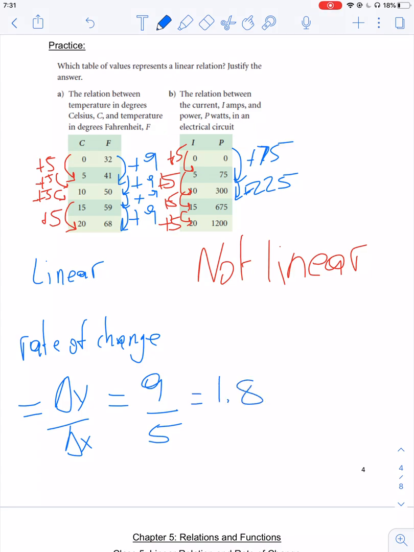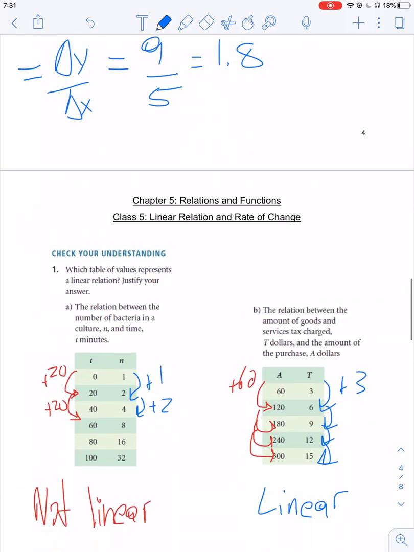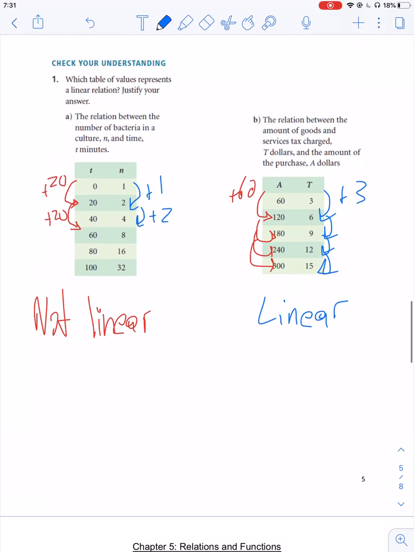Okay, let me use my calculator. 9 over 5 is fine because that's a simplified fraction, but I know that you guys really love your decimals. So 1.8, okay, that's your rate of change. Now in this question over here, this is linear, right? The table on the right is linear. So I can actually find the rate of change. Rate of change will just equal change in y over change in x.